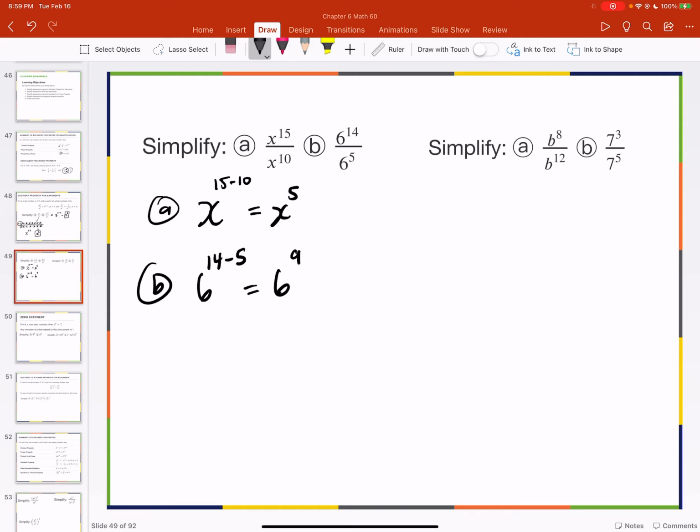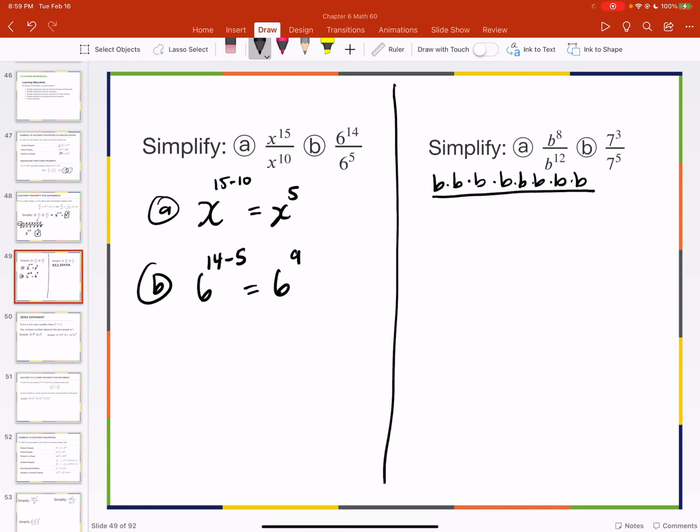Okay. Now, what if the denominator has more? Technically, we haven't introduced negative exponents. That's the next section. But for now, look at this. We have 8 b's here: 1, 2, 3, 4, 5, 6, 7, 8. They're all being multiplied. That's what exponentiation is, repeated multiplication.